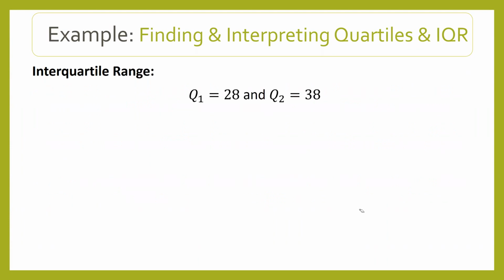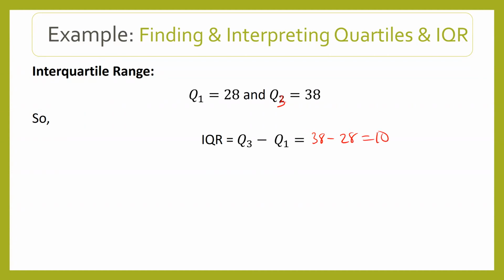For the interquartile range, IQR, which is Q3 minus Q1. So this is Q3, that's a typo. And so this will be 38 minus 28, which is 10.